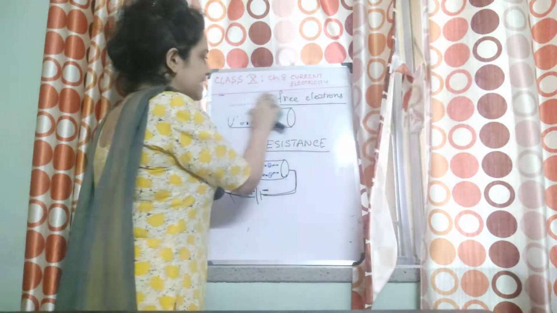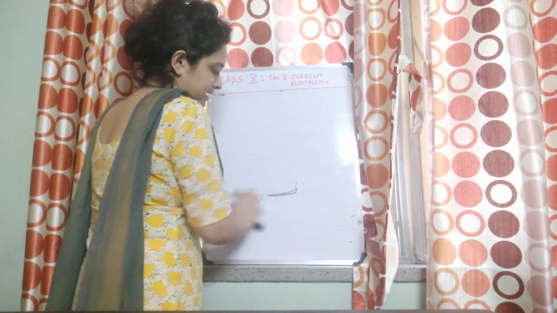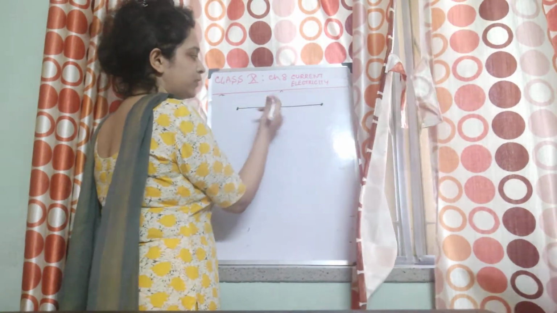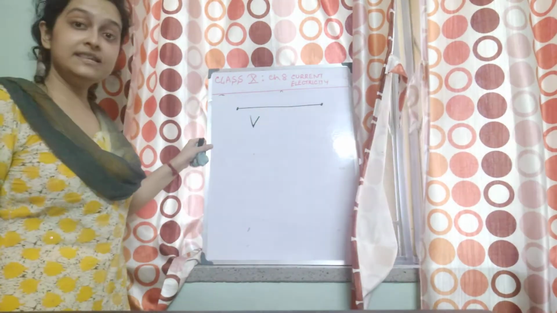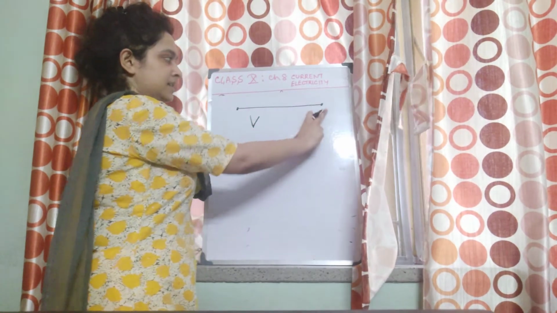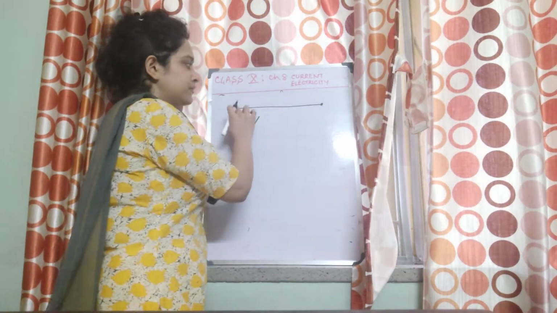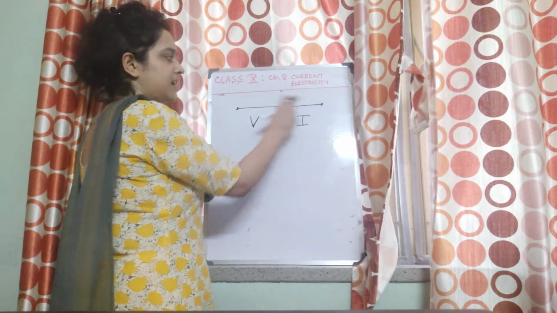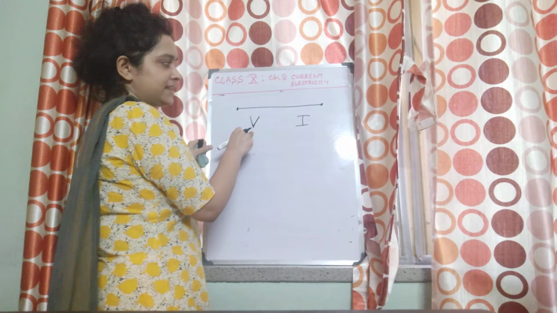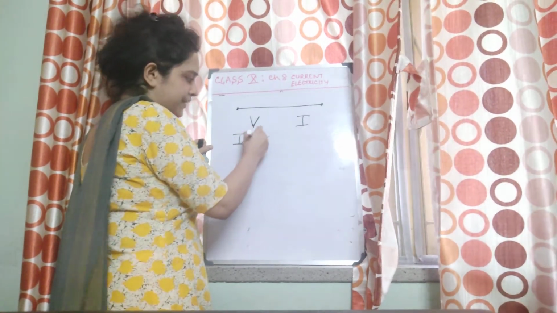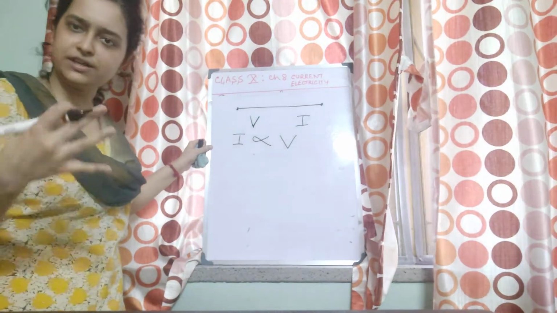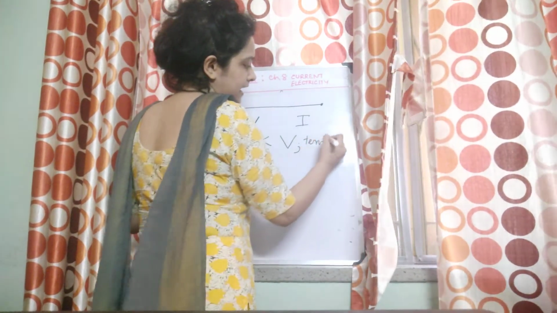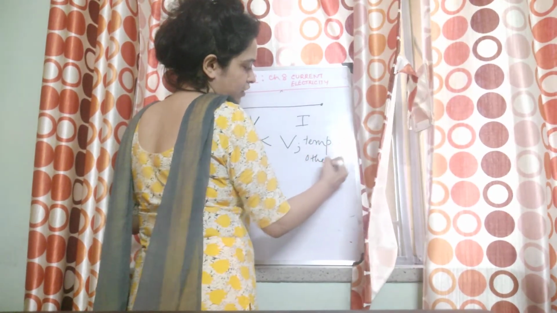This scientist did an experiment and he found that if the difference in potential between the two ends of a conductor is V, and the current flowing between the two ends is I, then I is directly proportional to V. The more the potential difference, the more current will flow, provided temperature and other physical conditions remain constant.